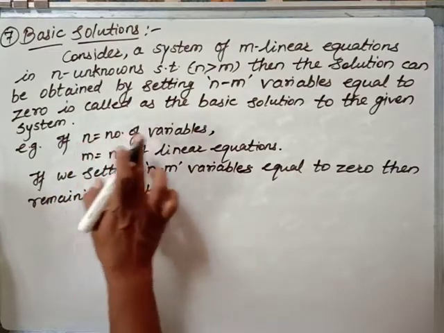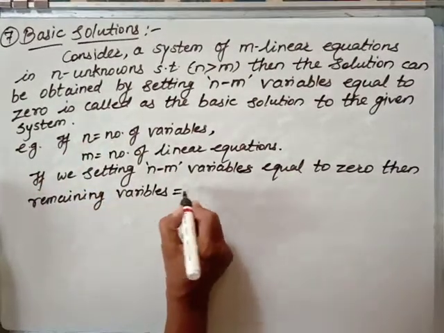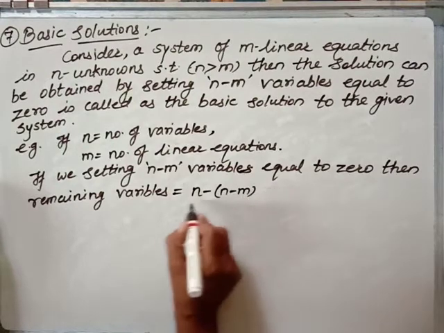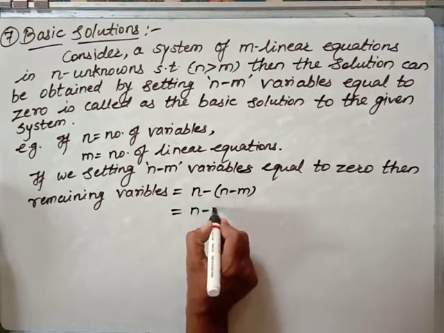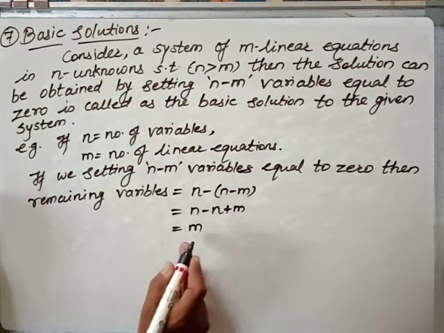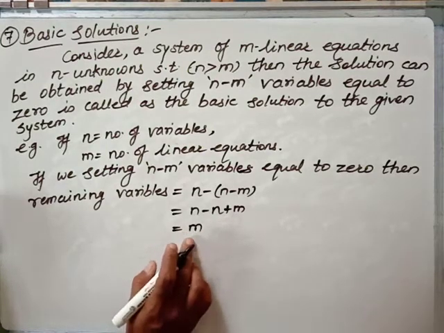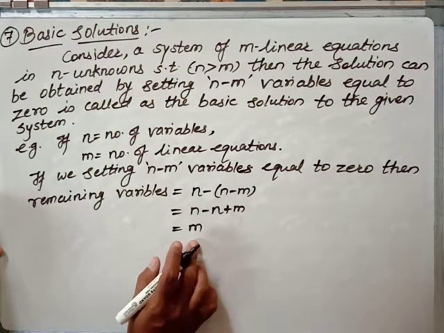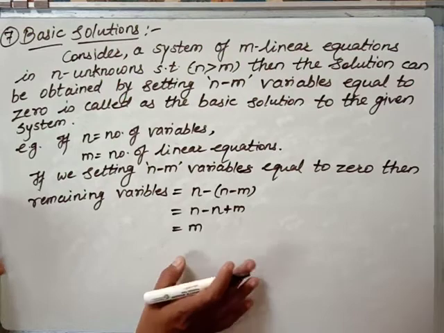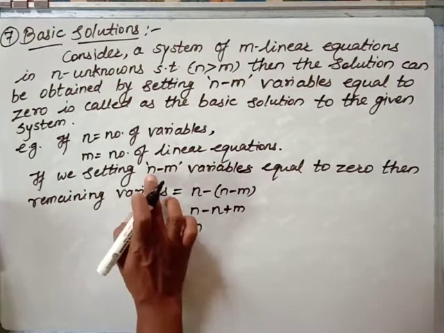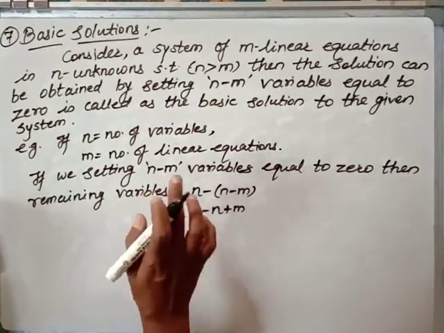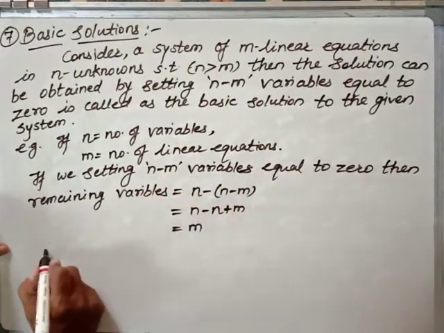Total number of variables is n, so the remaining variables are n minus (n minus m), that is m. Means how many variables are left? m variables. These m variables that remain are known as basic variables, that are not set to 0, while those n minus m variables we are setting to 0 are known as non-basic variables.